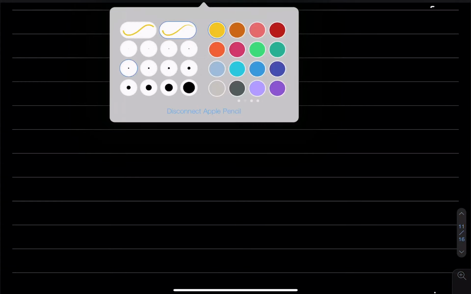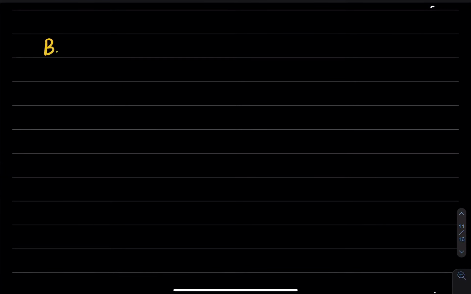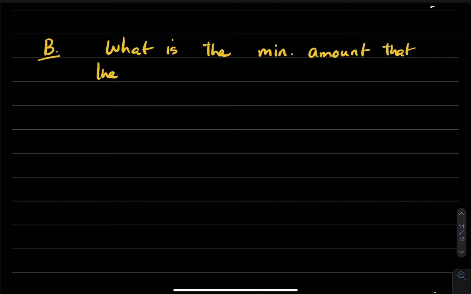Now, part B asks you, what is the minimum amount that the money supply could increase by?